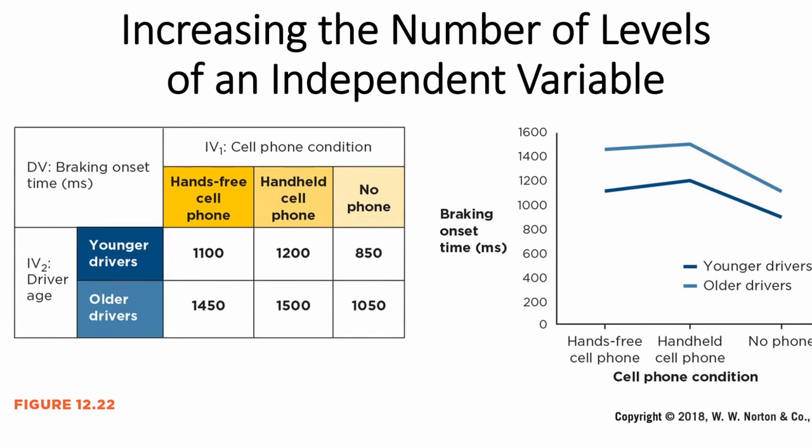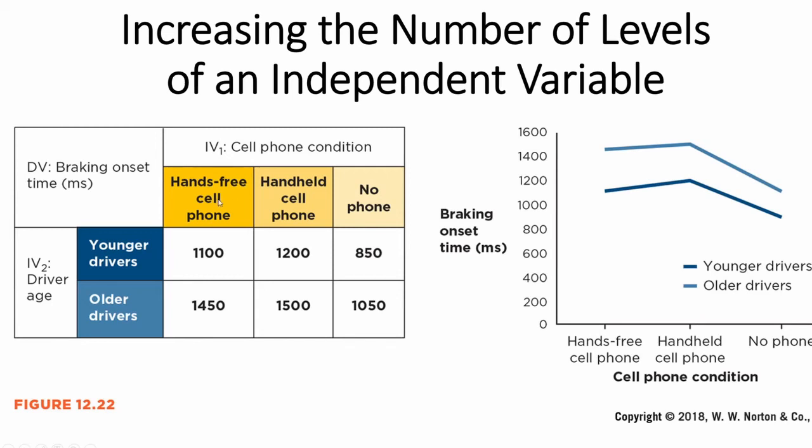So next, let's look at what would happen if we wanted to increase the number of levels of an independent variable. So if we use our cell phone example, where we were looking at young and old drivers and whether they had a hands-free cell phone, in this case, instead of just no phone, they're also looking at a handheld cell phone. So now we have 3 cell phone conditions.